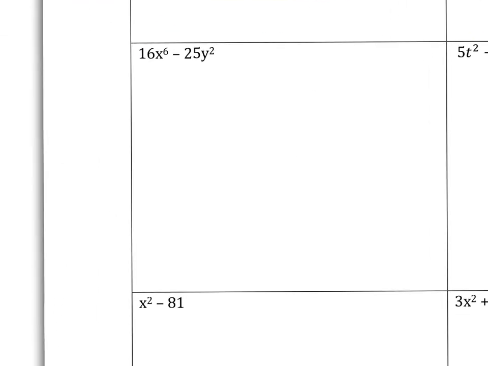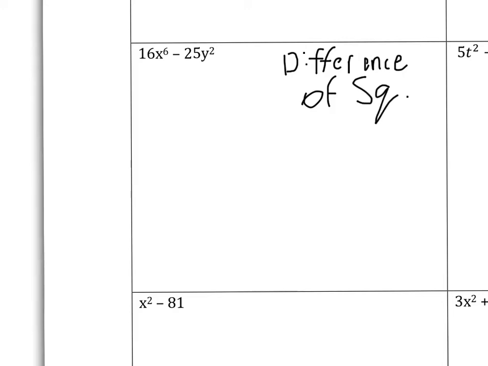Hey, next problem. Okay, so this one, oh, there's some birds in the background I think you can hear. There's a woodpecker there too. Okay, let's see. Oh boy, what is this? What's going on here? Well, you may recall that there is something out there called a difference of squares. I'm going to go SQ for squares because it's just a terrible pen.